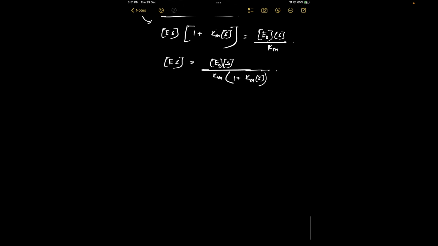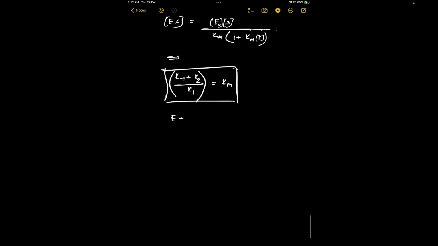Okay, let's leave it here. So basically I'm writing down the final expression. The main point was that k minus 1 plus k2 divided by k1 is the Michaelis constant.